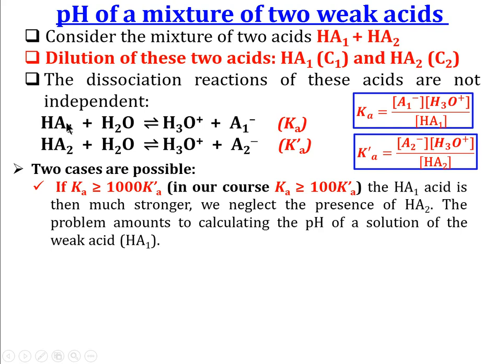So the problem HA1 plus HA2, two weak acids, is the same as we said in this case, calculate the pH of the solution of HA1.